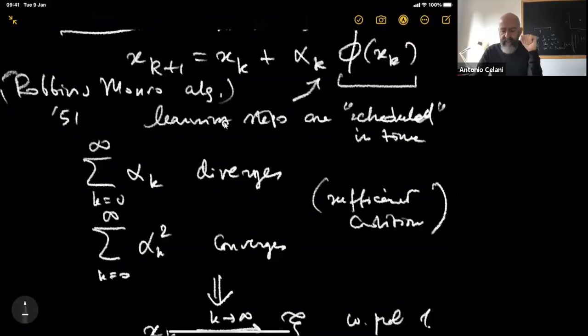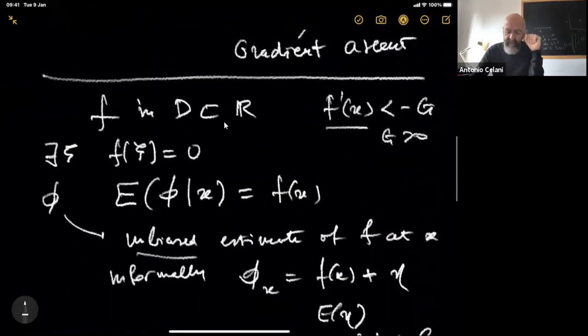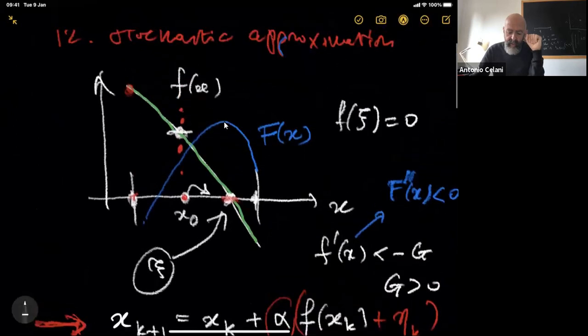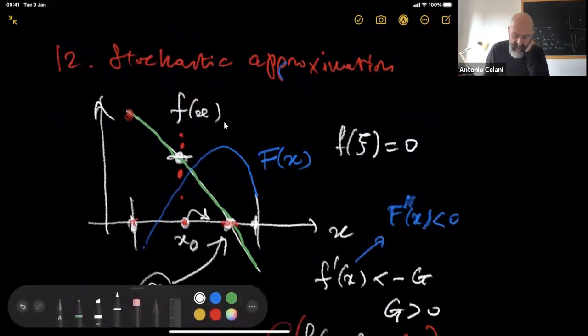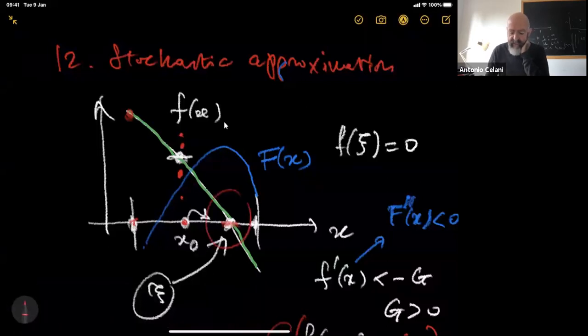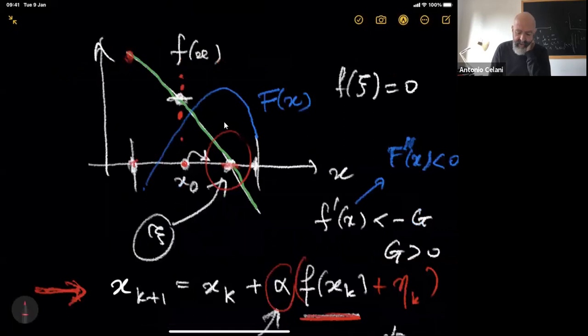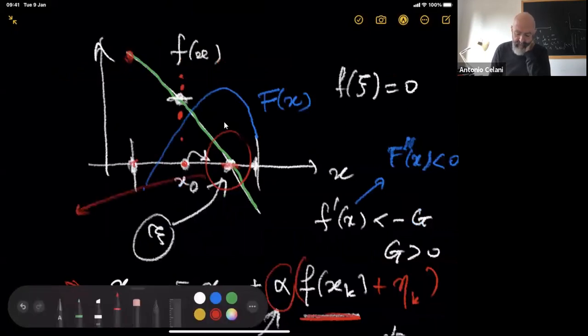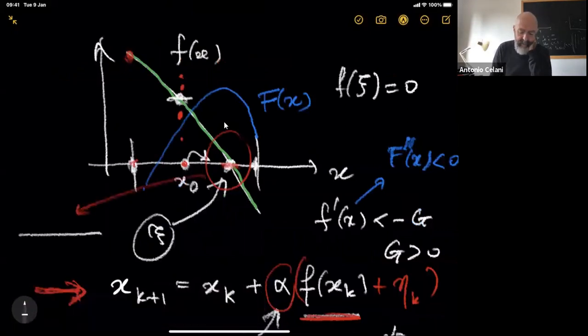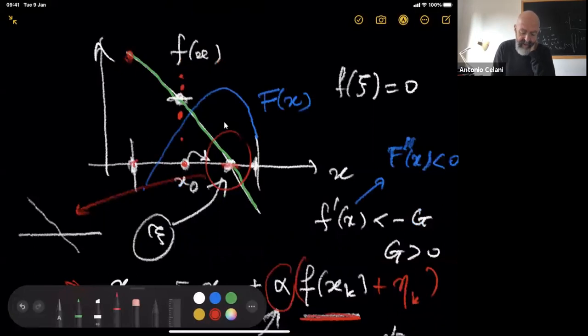Okay, fine. Let's have a look at what is happening when you approach the zero. Let's zoom on this area. This is your true function, which you don't know, and you're around here and you get some estimate.